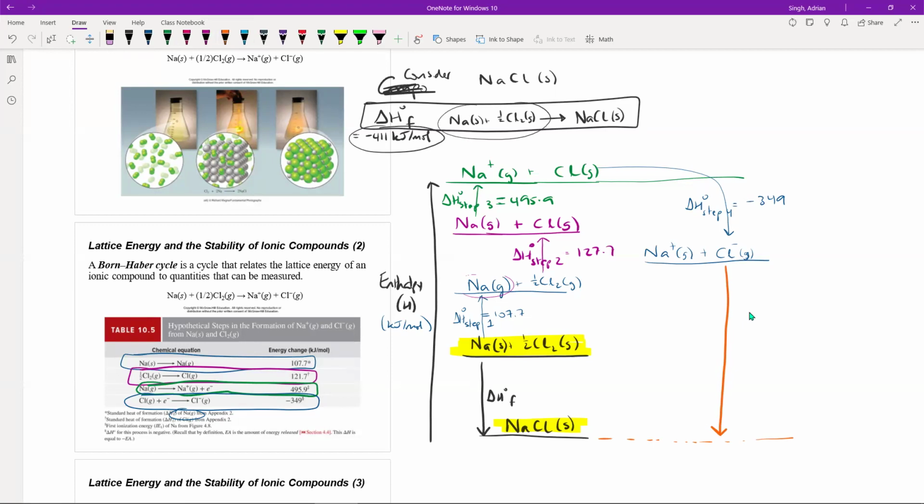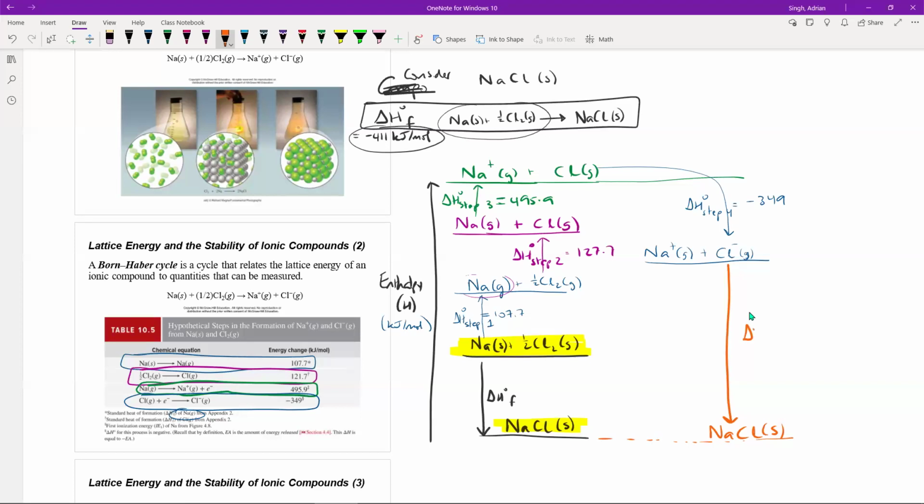And that step, this last step here, oops, let me rewrite this. So we have our NaCl solid going from Na plus and Cl minus to the NaCl solid.